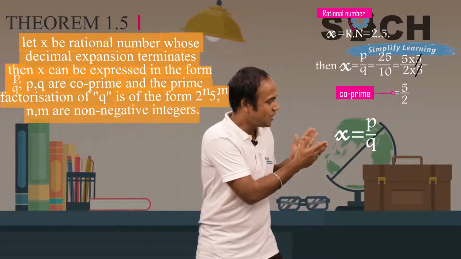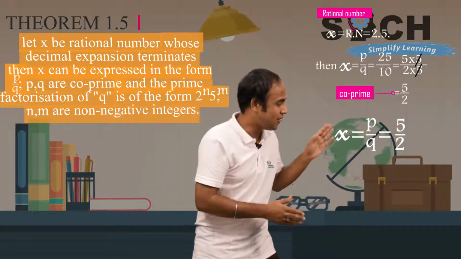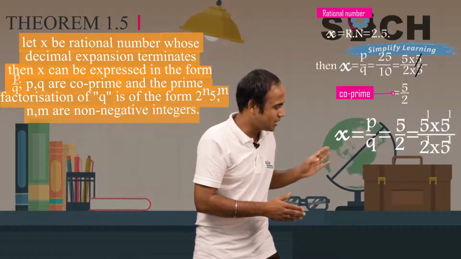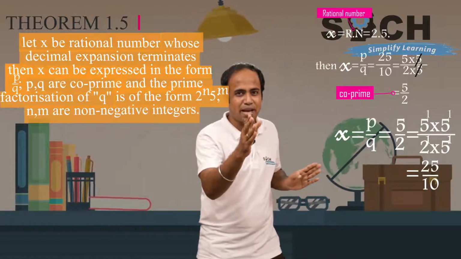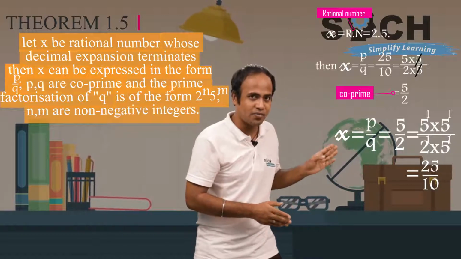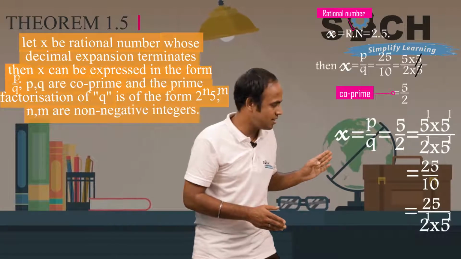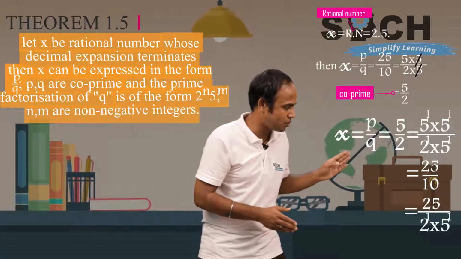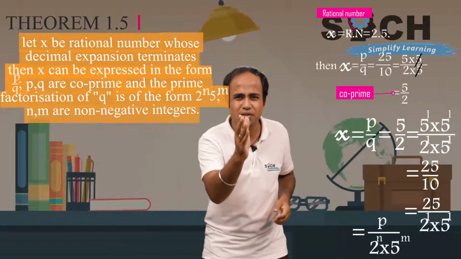Therefore here we say x equal to p by q, which is 5 by 2. Multiply numerator and denominator by 5 raised to 1. So this becomes 25 by 10, and this 25 by 10 is nothing but 25 upon 2 raised to 1 into 5 raised to 1, which is equal to p upon 2 raised to n into 5 raised to m.